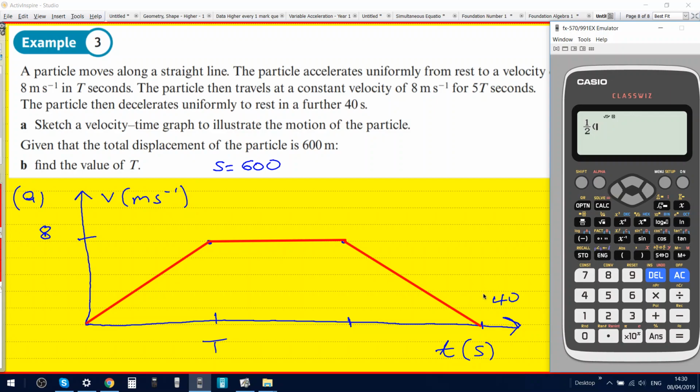Okay, so the bottom part of the diagram is 40, so that's, let's say, B. The middle bit, remember they said the particle then travels at a constant velocity for 5t seconds. Oh, right, yeah. And so what would be A? 8 times 5t, so 40t. No, it would just be the length of this line.